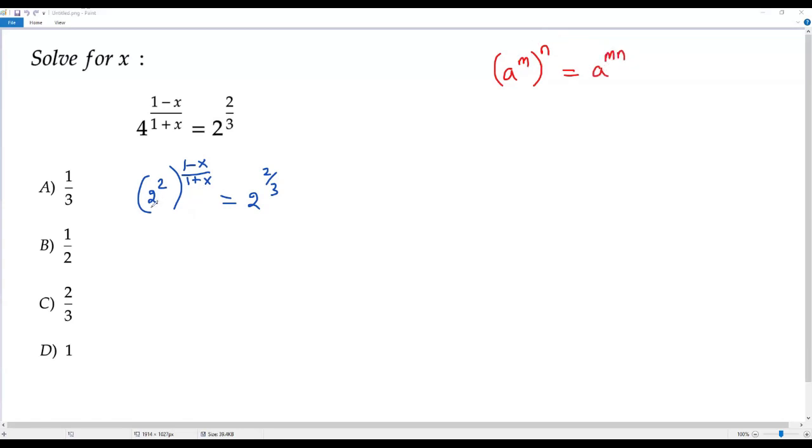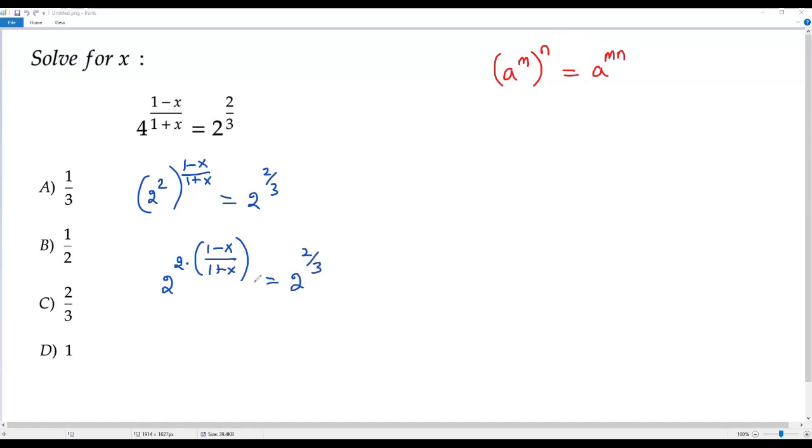The same thing over here: the base is 2 and we have exponent 2. And for this complete stuff, we have (1 - x)/(1 + x) as the exponent. According to the power of a power rule, we can multiply the two exponents. Then I'm getting 2 to the power 2 times (1 - x)/(1 + x) equals 2 to the power of 2/3.